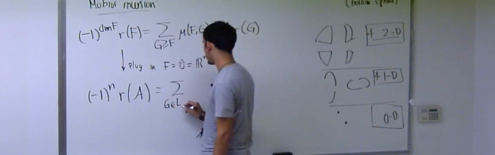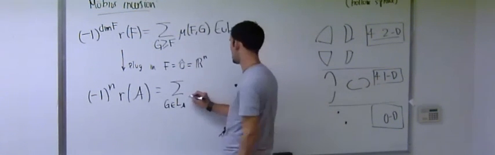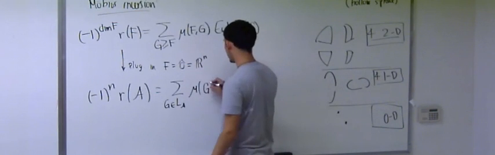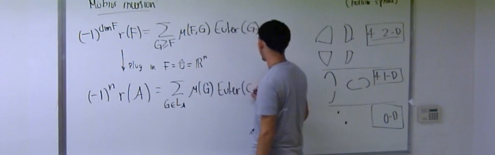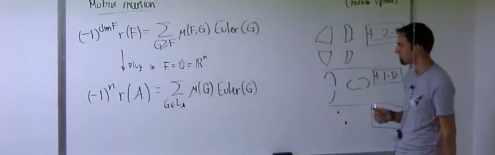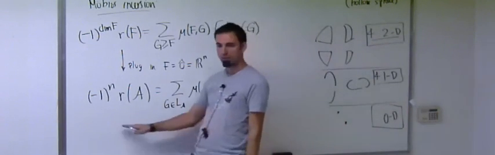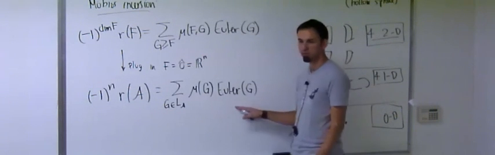So I add up over all G in the intersection poset mu of 0 comma G, which is the same thing as mu of G, times the Euler characteristic of G. And so I almost have the formula that I want. The only thing is that I don't know what the Euler characteristic of G is.